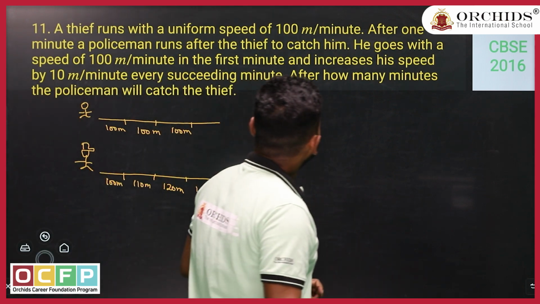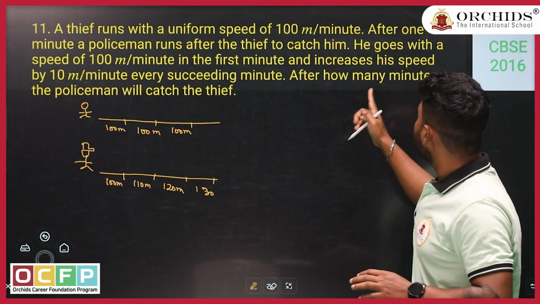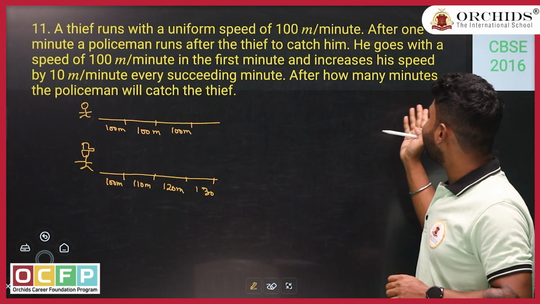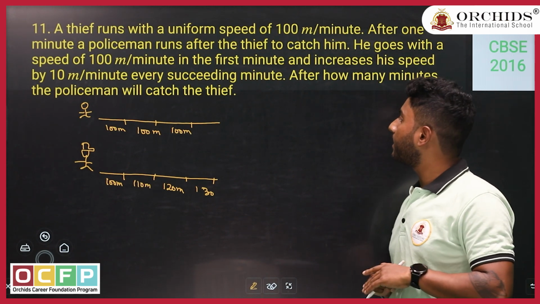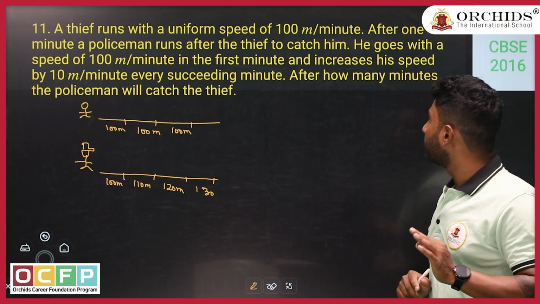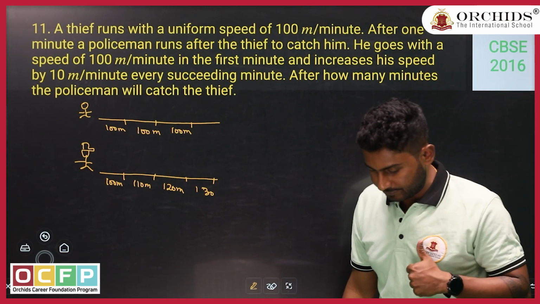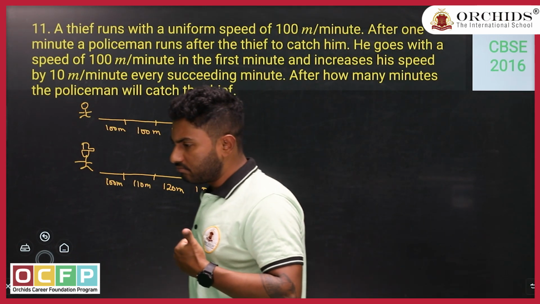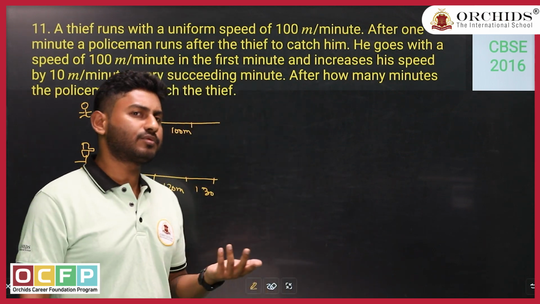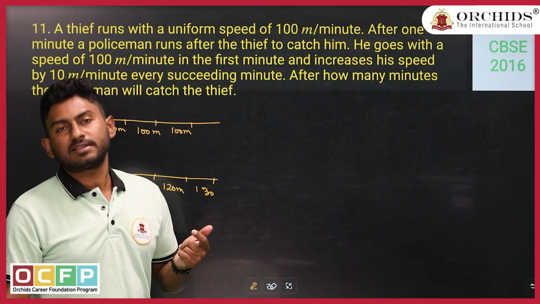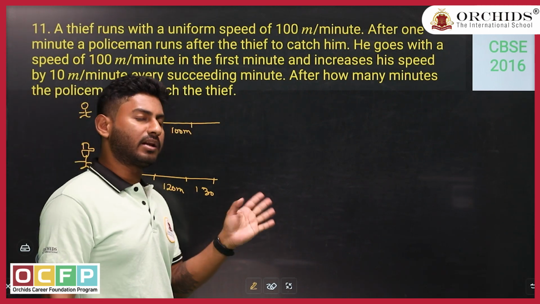Now he goes at the speed of 100 meter per minute in the first minute and increases his speed by 10 meter per minute every succeeding minute. After how many minutes the policeman will catch the thief? Since we don't know how many minutes the policeman ran, let us consider the policeman ran for n number of minutes.